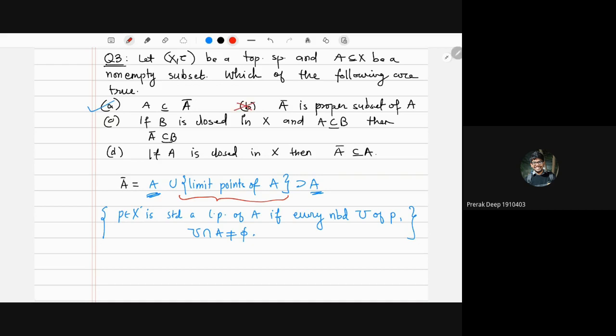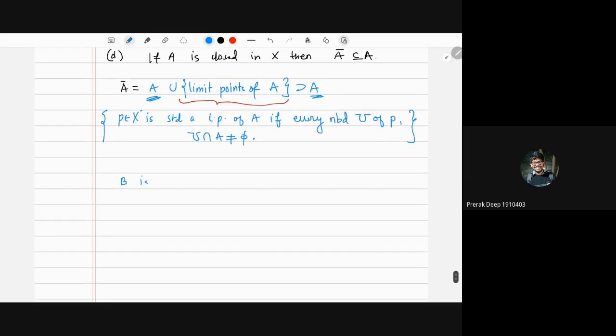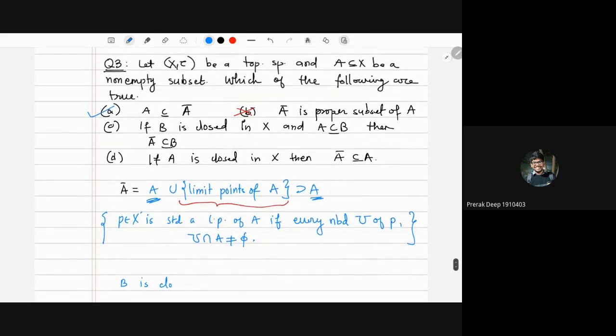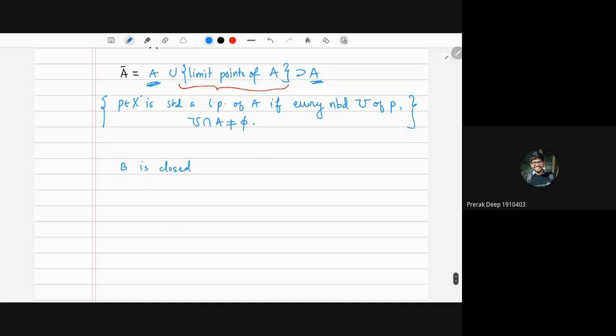What about C? C says that B is closed in X and A is contained inside B. When I say that B is closed, I also mean that B is equal to its closure. This is an equivalent definition of B being closed.